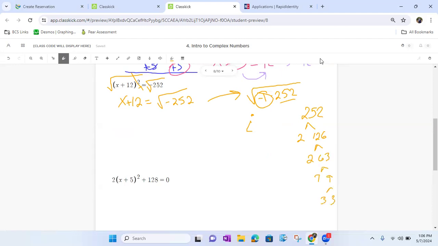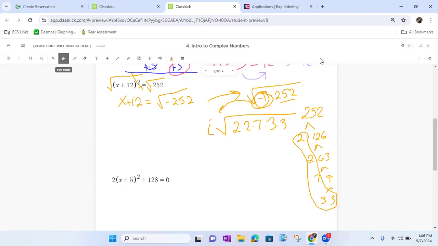Now, what you should remember from before is that when we break these radicals down, 252 with the i in front because of the square root of -1 is the same thing as 2 times 2 times 7 times 3 times 3. That's all of this right here.